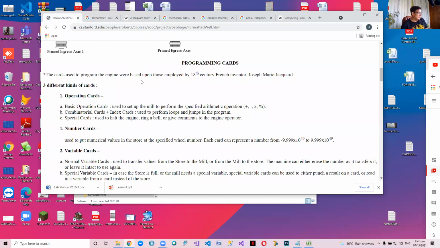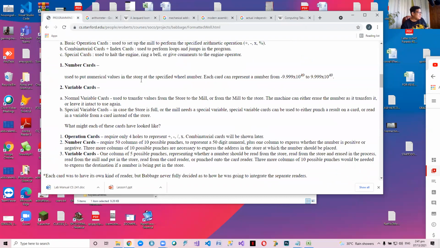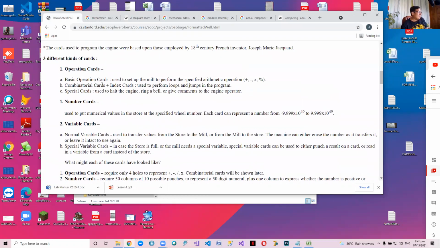First, there's an operation card. In an operation card, you can have basic operations, which can do plus, minus, times, modulo, or divide. Do you follow? So an operation card can indicate whether plus, minus, divide. Combinational cards are used to perform loops.